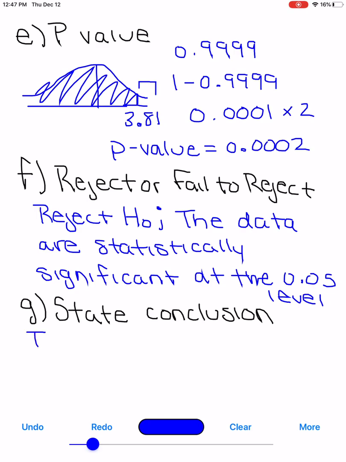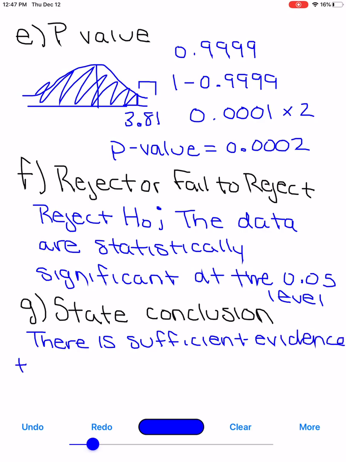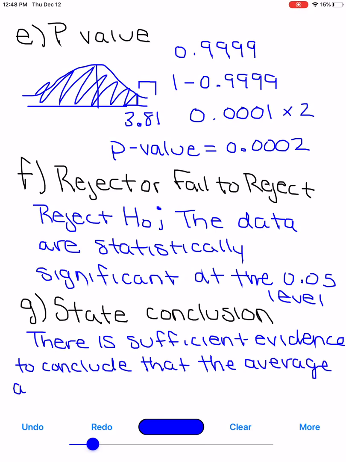So we can say there is sufficient evidence to conclude that the average age is different than 25 years old.